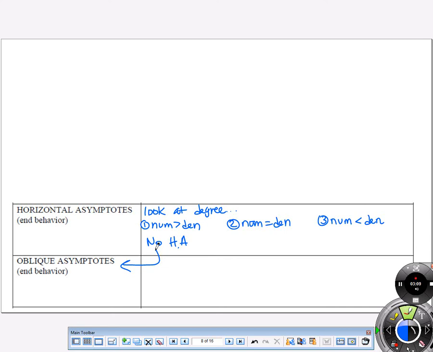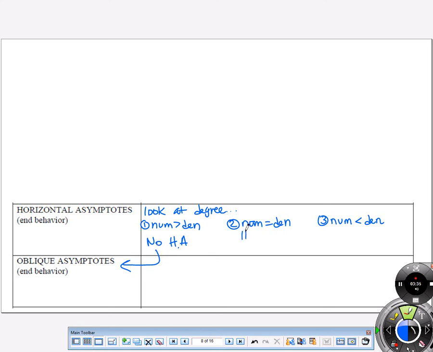Okay? All right, what about when the numerator was equal to the denominator? So let's say you look at your function, you find when it's undefined, so you have vertical asymptotes. You notice it has equal degree in numerator and denominator. How do you then find the horizontal asymptote that will describe the end behavior of that function? So when they were equal, what did we look at? Jarrett? Good.